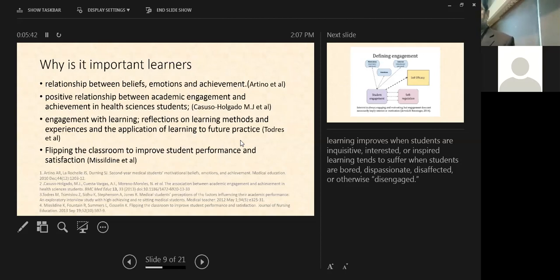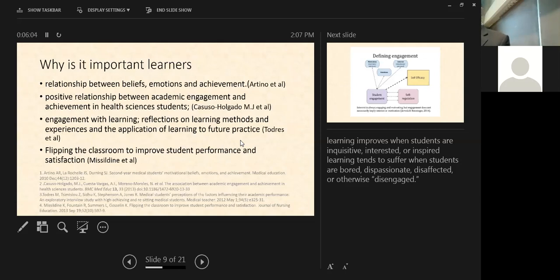And flipped classrooms: one of the seminal works showed that it improves student performance and satisfaction because it improves student engagement. That started a whole chain reaction, and now it's very much in vogue.